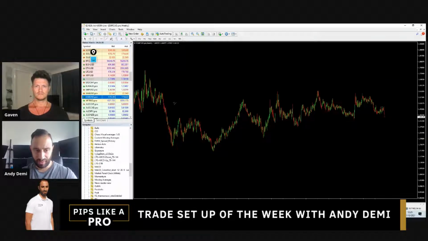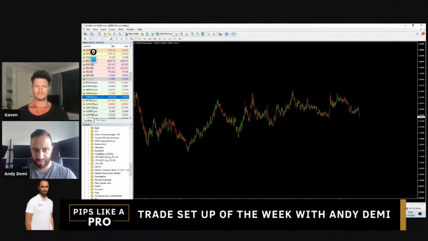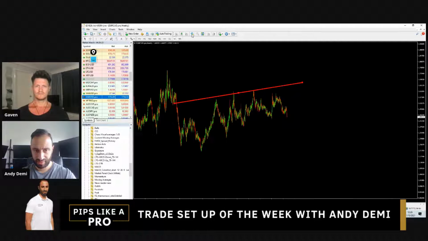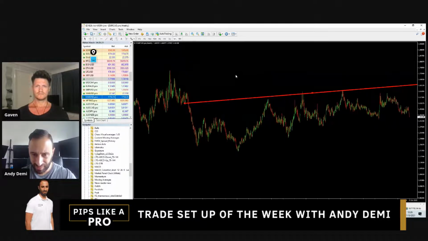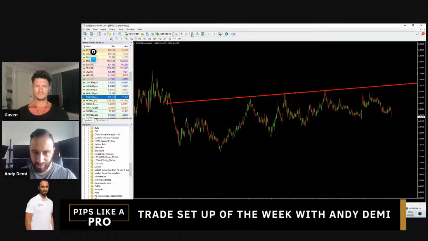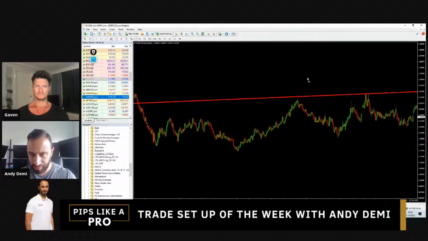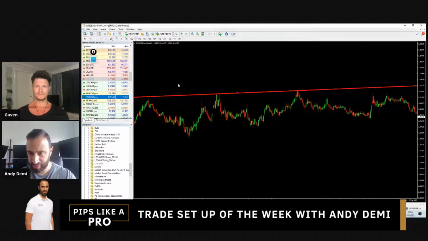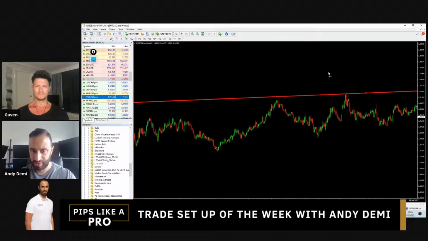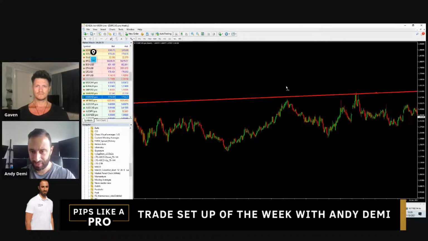So let's see if there are any obvious places we can find some dynamic resistance. I'm just going to have a little look here. We don't really want to be going through the bodies, only spikes. So that looks okay.